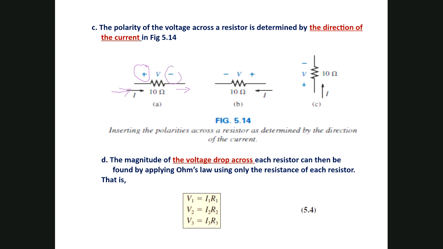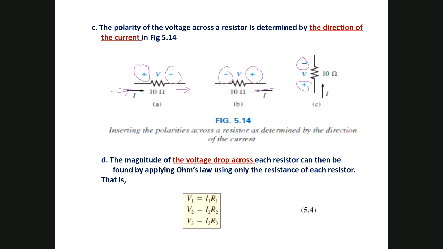Again, on the opposite side, once the current passes from this side, it gives positive, leaving negative. Anyhow, the direction of the current indicates the polarity.